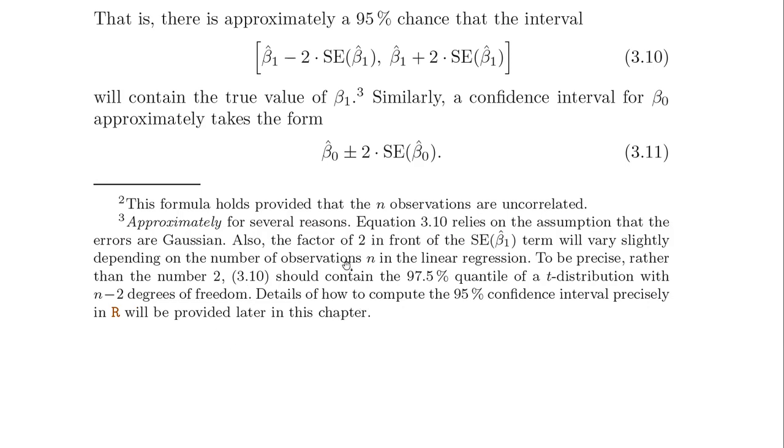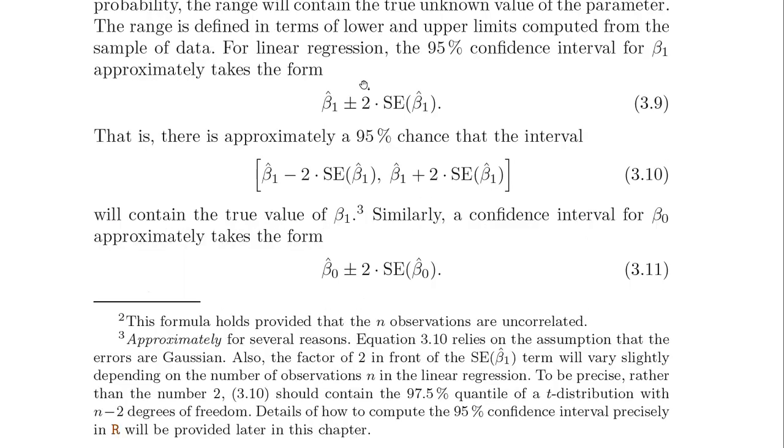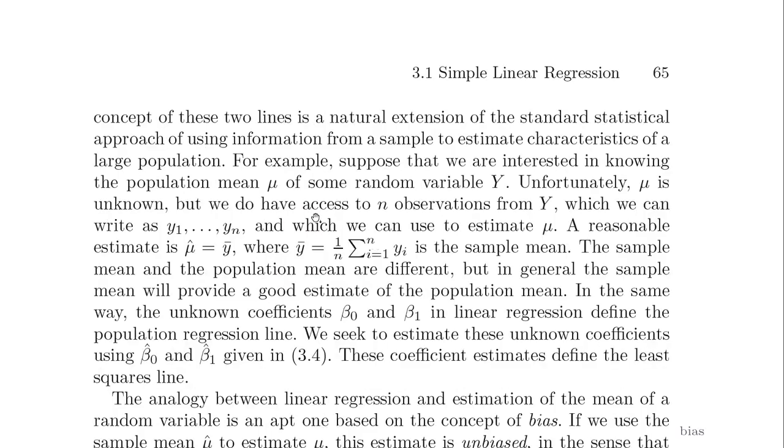And we're going to see this in R. The important thing is that you're just being exposed to these ideas. Similarly, a confidence interval for beta naught approximately takes the form this over here. With these two pieces of information, you now know, remember, you never know the red line.